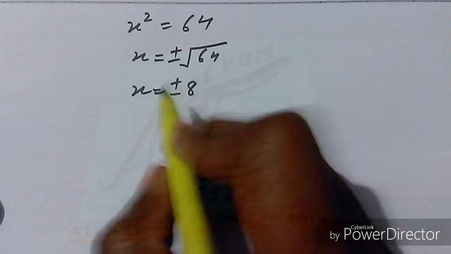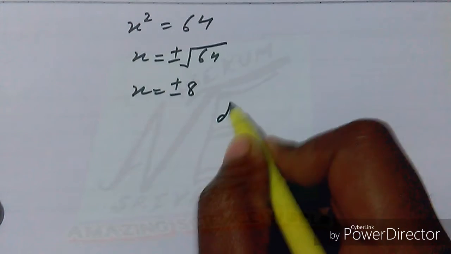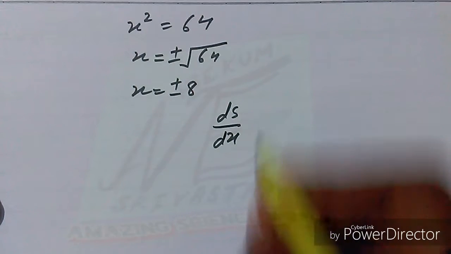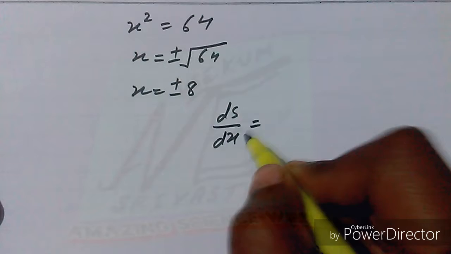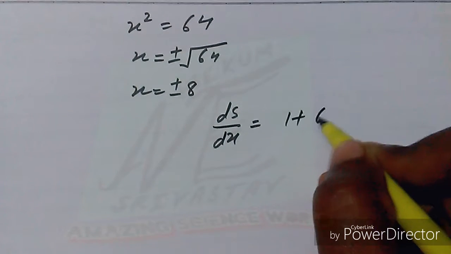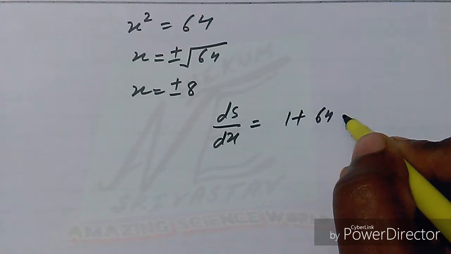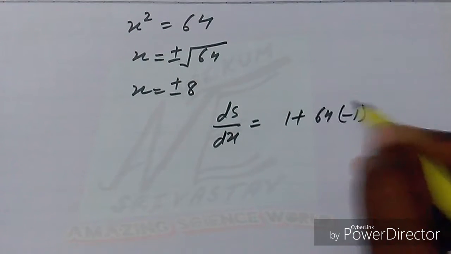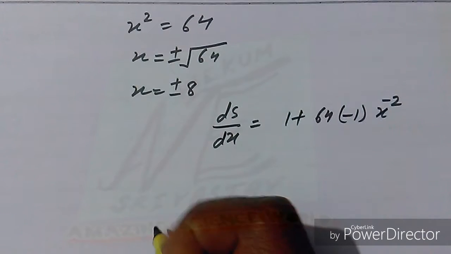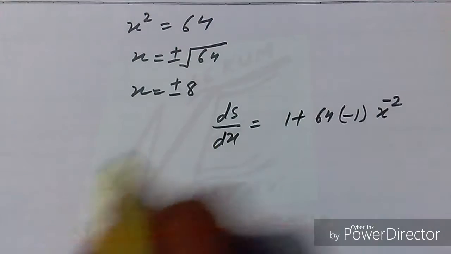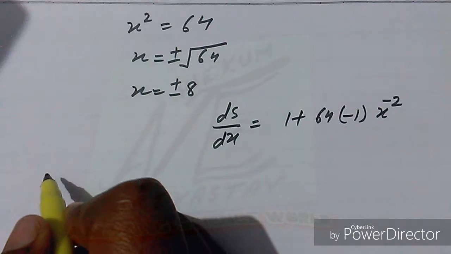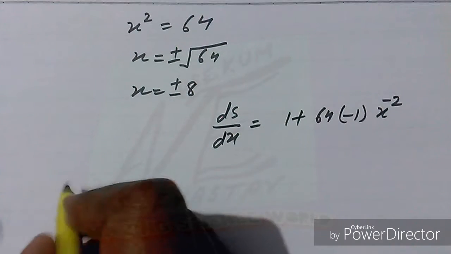My friends, now we take the second order derivative. Again we differentiate it. The ds by dx equation is 1 minus 64 x to the power minus 2. Now we differentiate again to find maxima and minima.